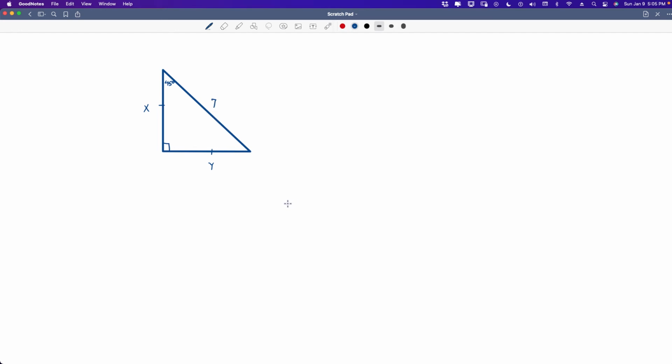So knowing what I know about an isosceles triangle that has the congruent angles at 45 degrees, I know that x is going to equal y because they're congruent. I also know that this ratio is going to be the same as 1, that's going to be the same as 1, and this is going to be the same as the square root of 2. That is the relationship all the way around. So the square root of 2 times some scale factor equals 7.